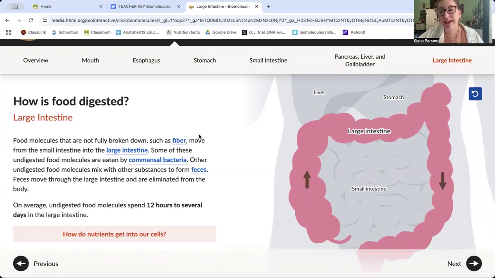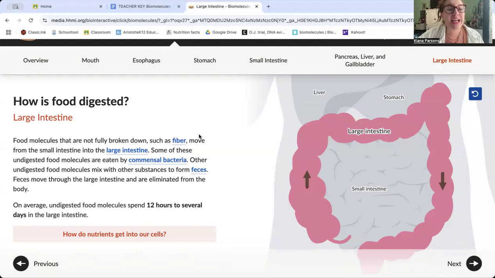So, these are the good bacteria that assist in the breakdown of foods, like those we have on the surface of our skin, our body's microbiome, microflora. They are all over. And this is a somewhat recent discovery in science. So the importance of all of these bacteria, we're just starting to discover. Other undigested food molecules mix with substances to form feces.